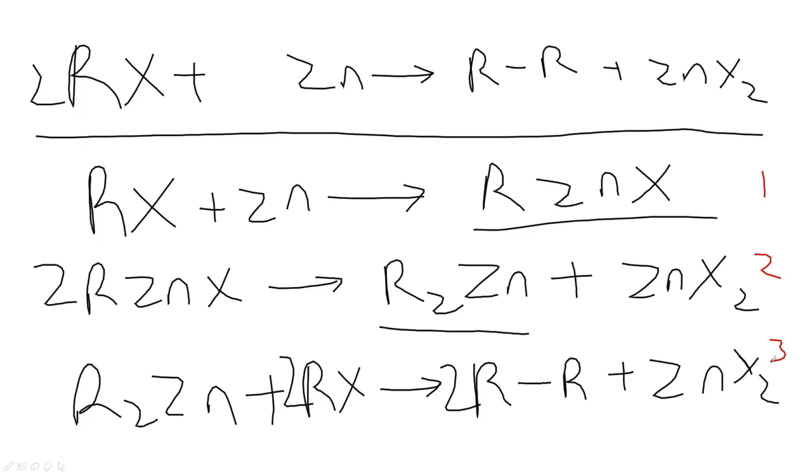And 2 moles of this RZnX will actually decompose and will yield the formation of dialkyl zinc plus the zinc halide, and also this dialkyl zinc will now react with an alkyl halide, and this will lead to the formation of an alkane and another zinc halide also.